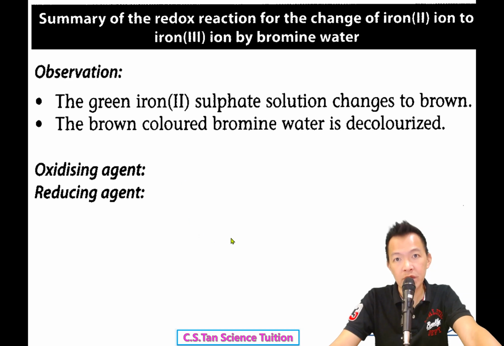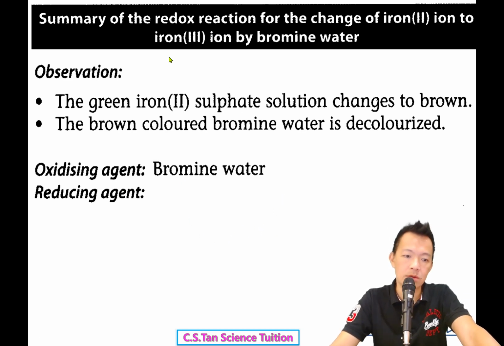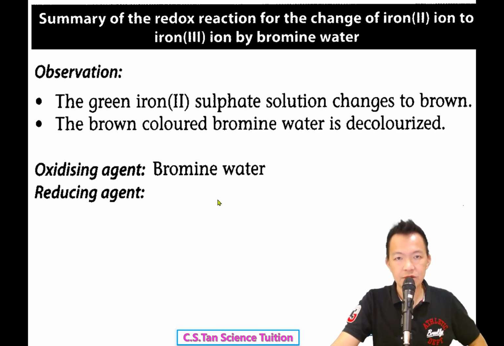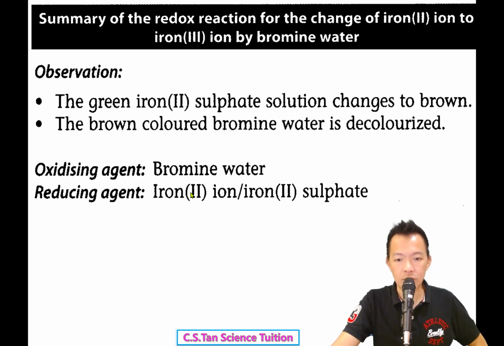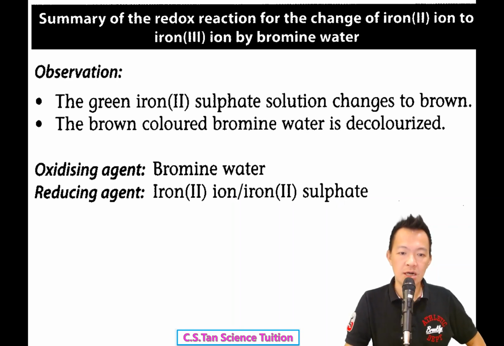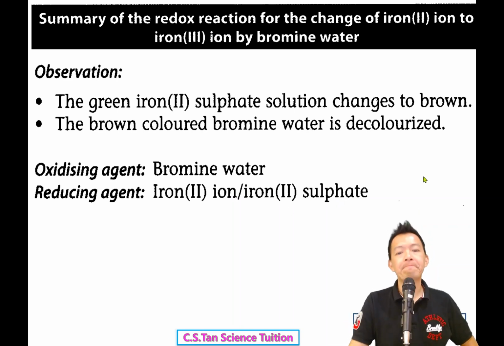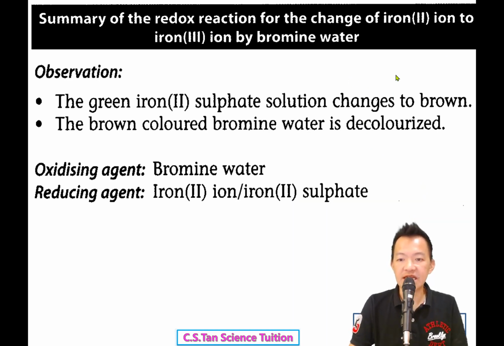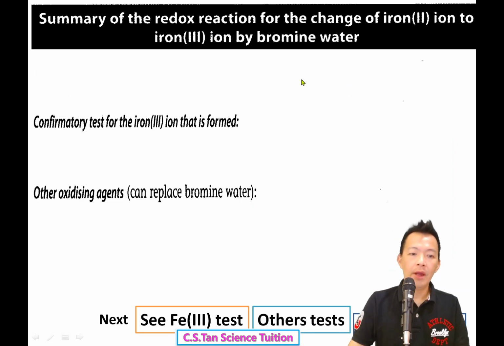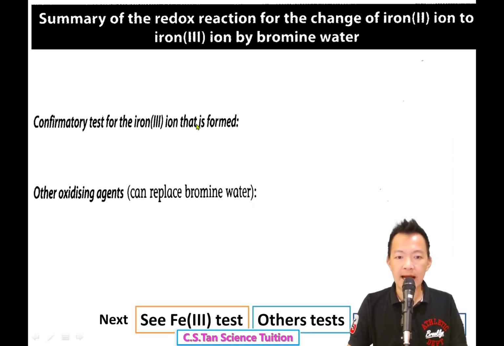Iron 2, the reactant. Iron 2 or iron 2 sulfate is the reducing agent. This will be your marks again. Just now 6 marks, here another 2 to 3 marks.